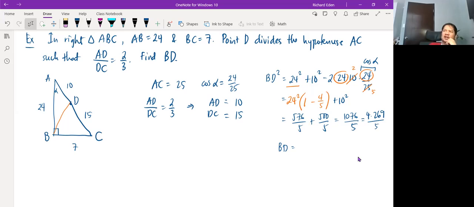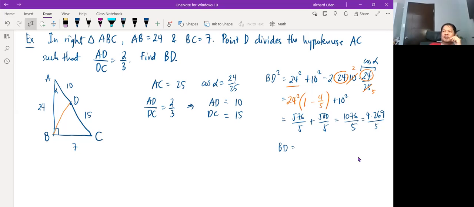And it's time to check manually. 269 is a prime number. The closest square is 225, which is 15.